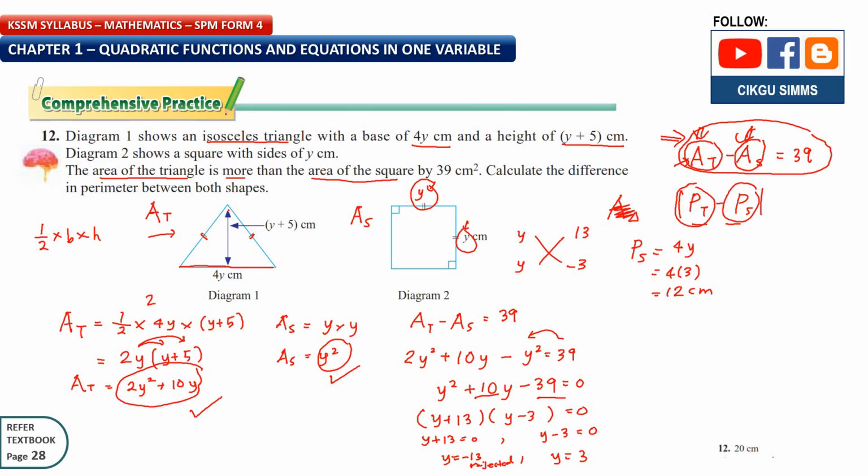Okay, for the triangle, 4y, the base is 4 times 3, you get 12. The height is 3 plus 5, you get 8 cm. So base is 12 and the height is 8.